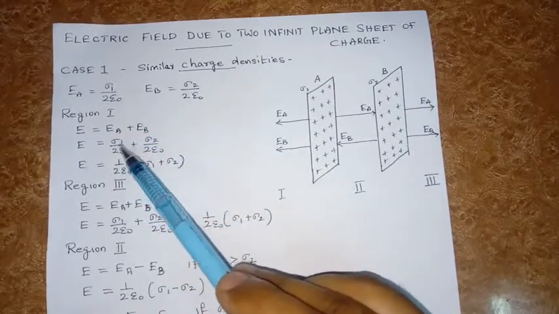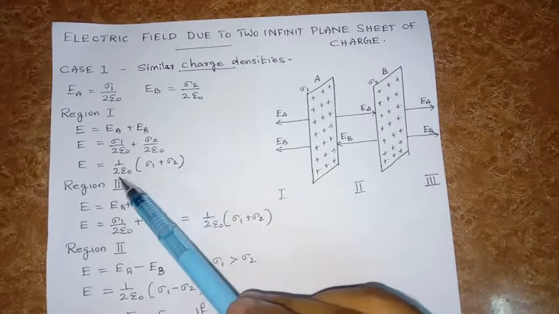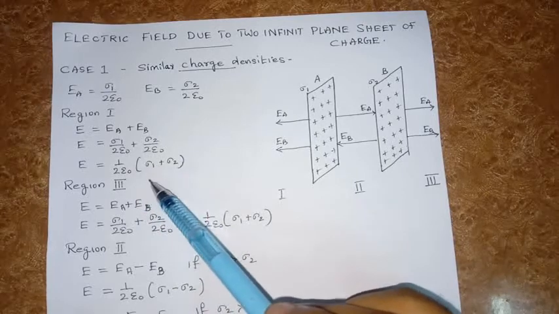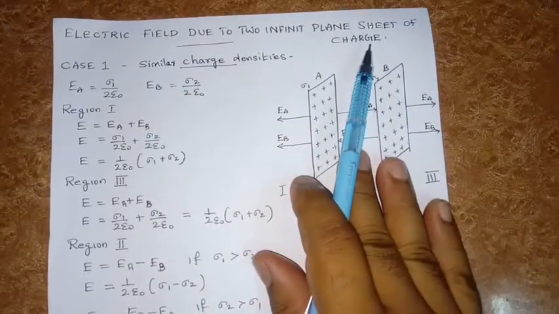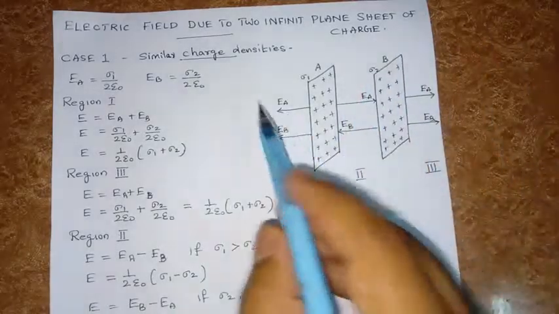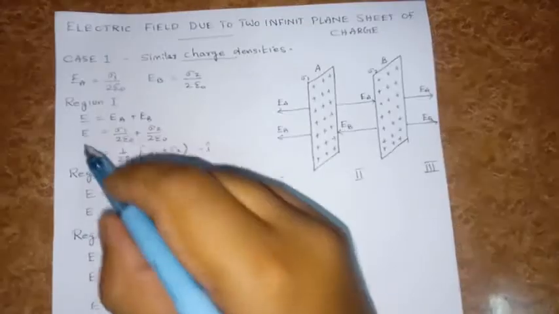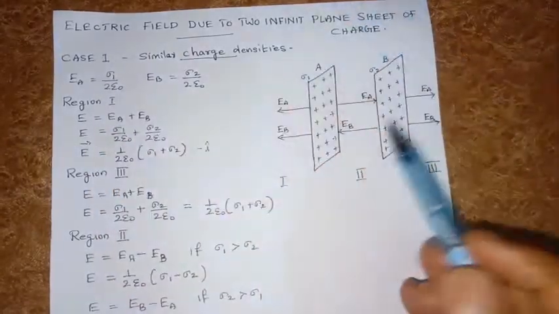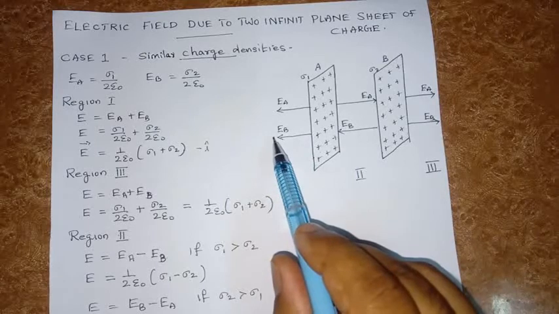Therefore, it will be sigma 1 by 2 epsilon 0 plus sigma 2 by 2 epsilon 0. 1 by 2 epsilon 0 can be taken out, into sigma 1 plus sigma 2. So that will be the net electric field in region 1, and the direction of that electric field will be in the direction minus i, because electric field is always a vector quantity. So that means it is towards the negative x direction.